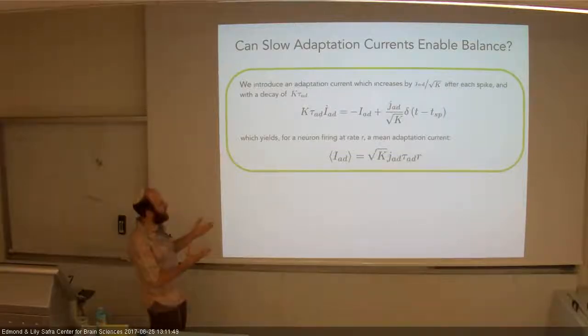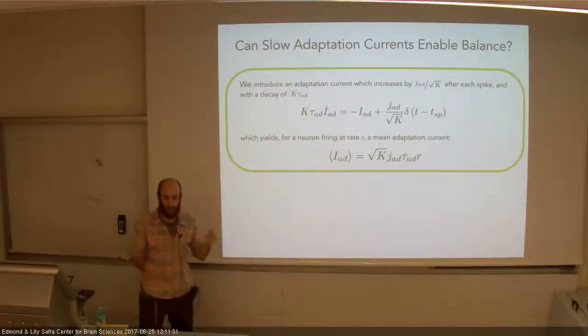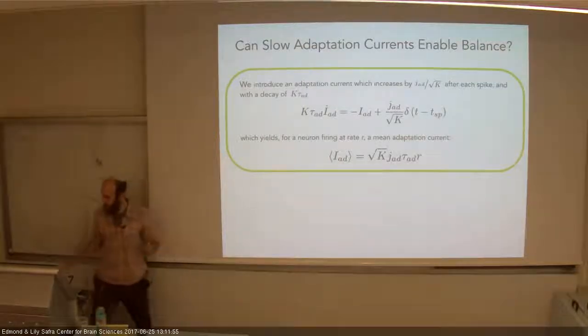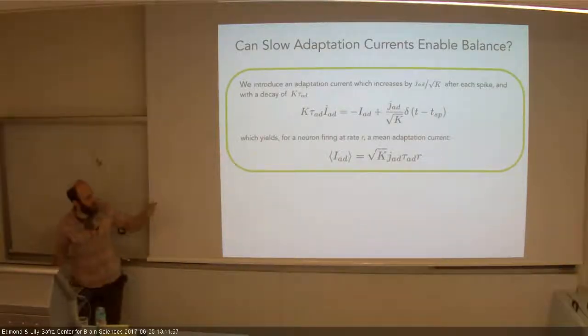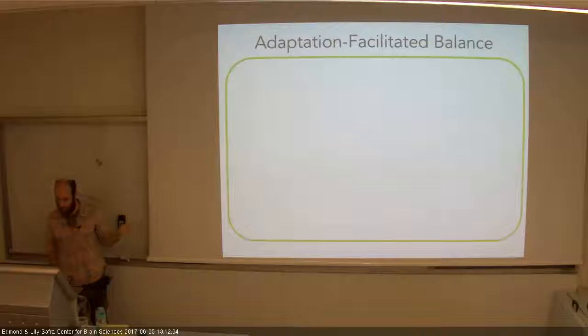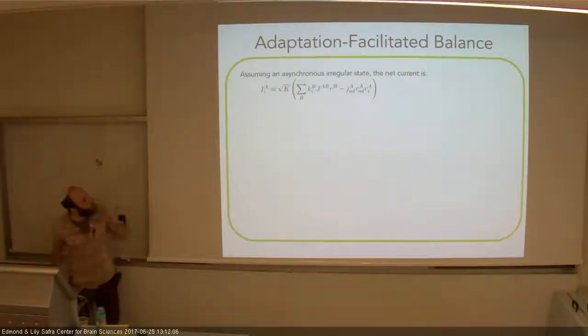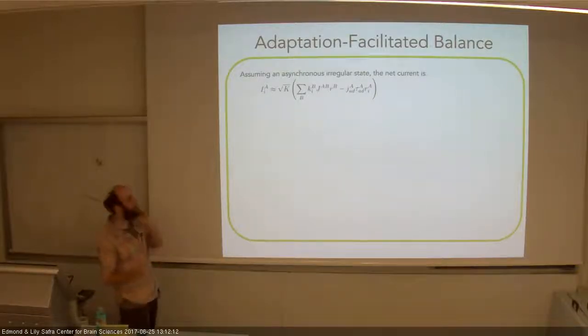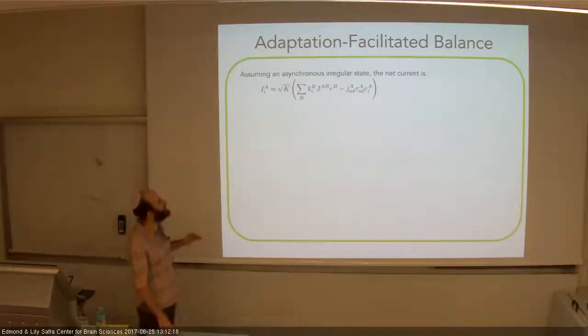So now we have this adaptation current that will enter the leading term of our net input. This term will be subtracted from the individual cell's current and will be dependent on that individual cell's firing rate. So let's turn to that net input. We have, back to the same equations that we've seen before, the net input of a single cell, which depends on its in degree, and the firing rates of the excitatory and inhibitory populations.